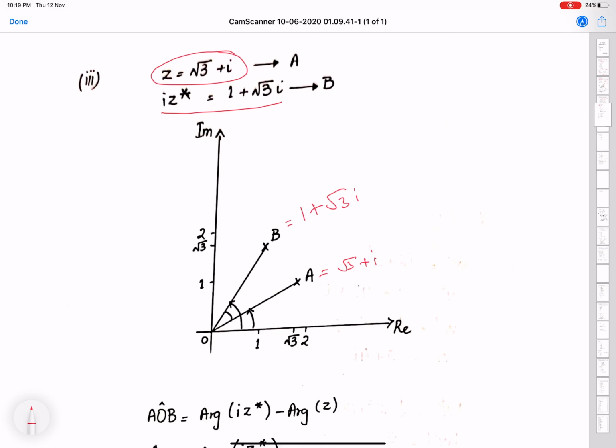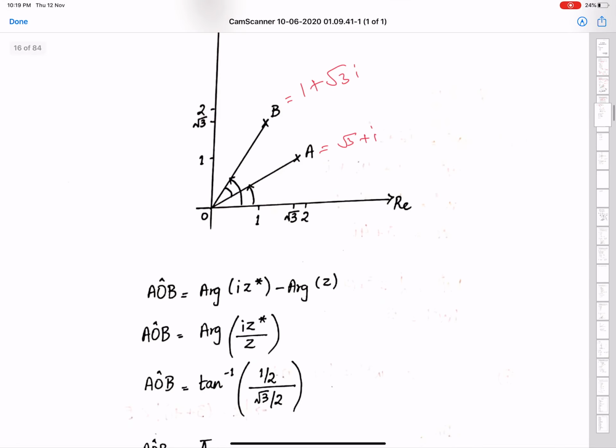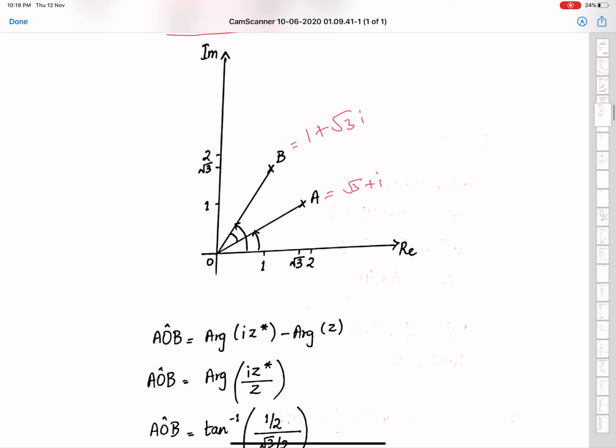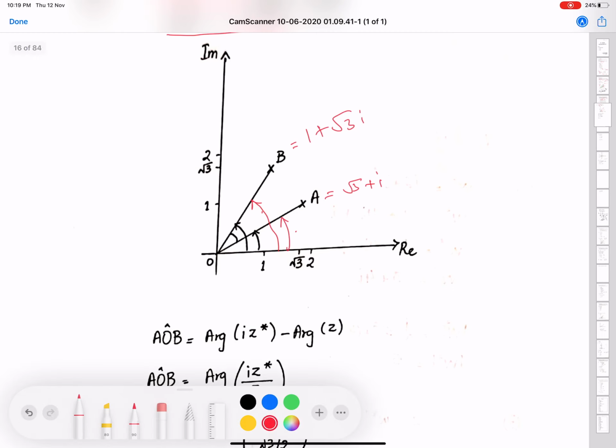Therefore, the question is to find angle AOB. You know, this is the argument of i z star. AOB is this. Subtract this from this. So for AOB, you just need to write argument B minus argument A.